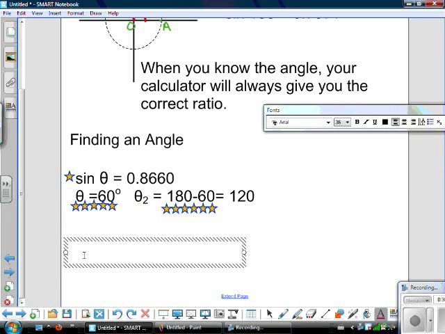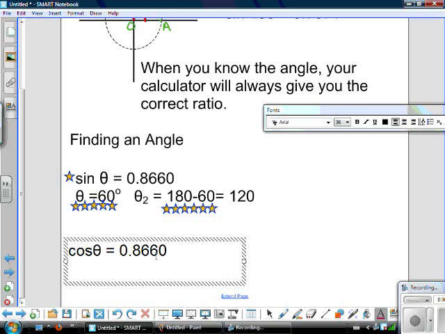Okay, so if I have cos theta of 0.8660, again, I'm doing this on purpose because that's going to be a special one. And my calculator tells me that that is 30 degrees. Okay, and that makes sense.